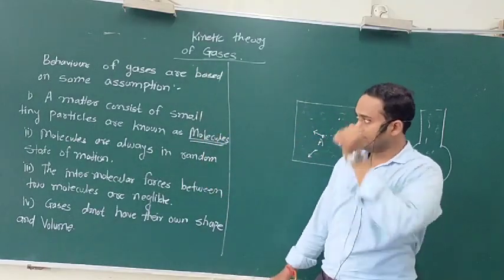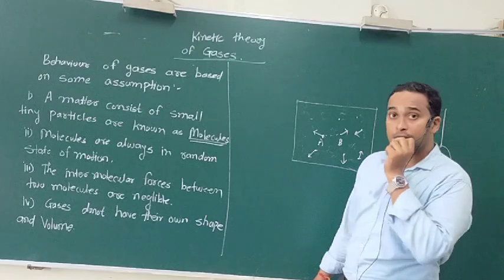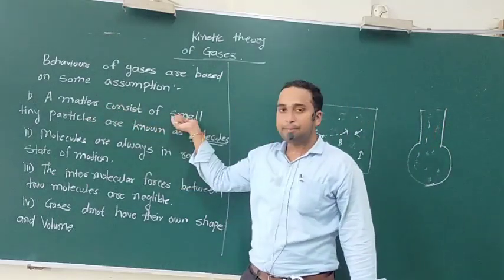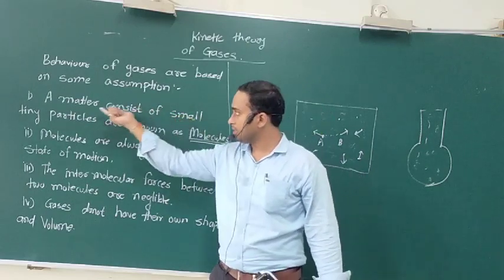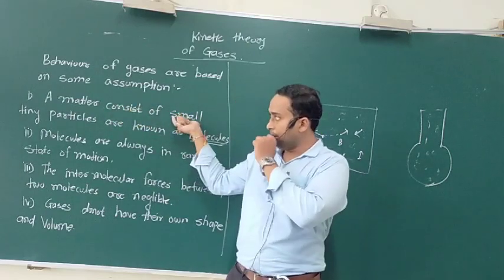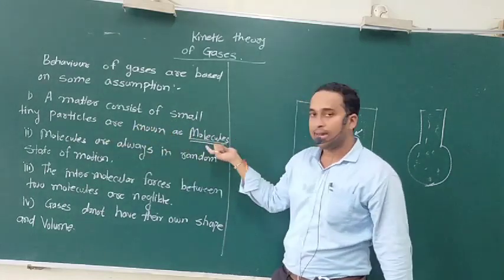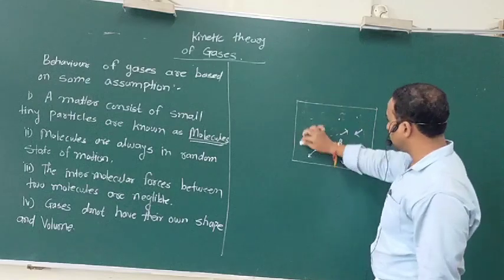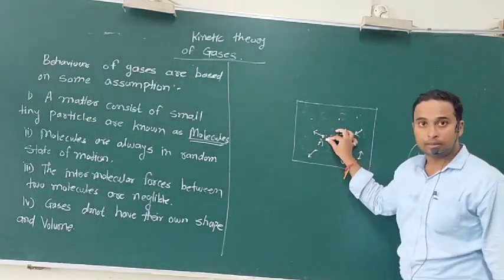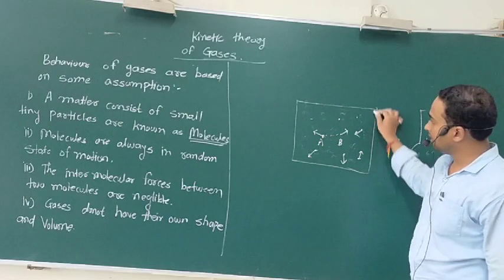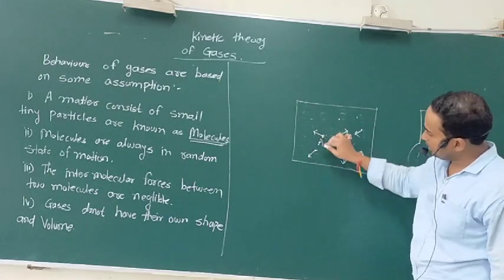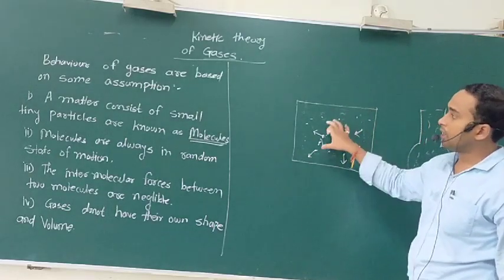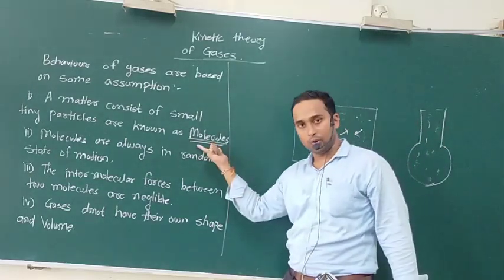These are the basic assumptions. Now see, I can again explain here. Matter consists of small tiny particles known as molecules. So you see here, this is the gas. This gas is inserted in this container. The small tiny particles of the gas are known as molecules.